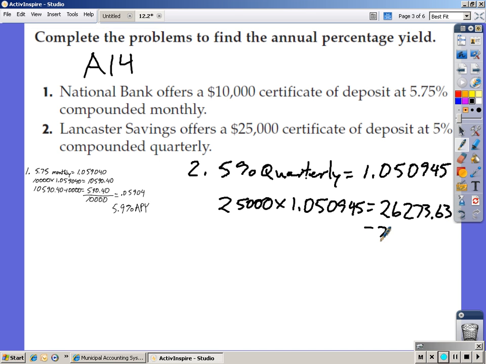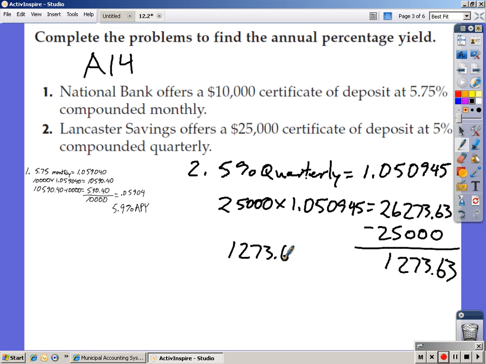Subtract your original amount off there. Subtract the 25,000. You get 1,273.63. Take that 1,273.63, divide it by your original investment.